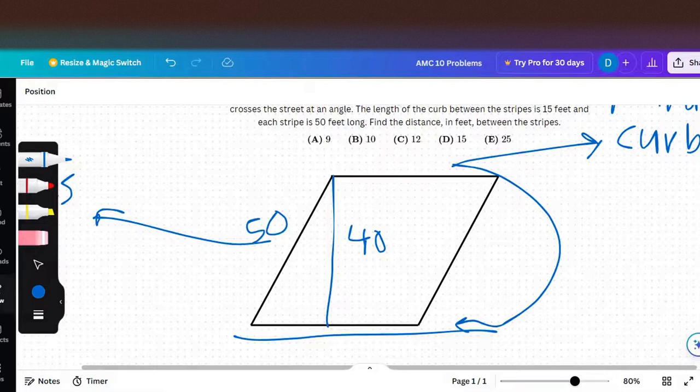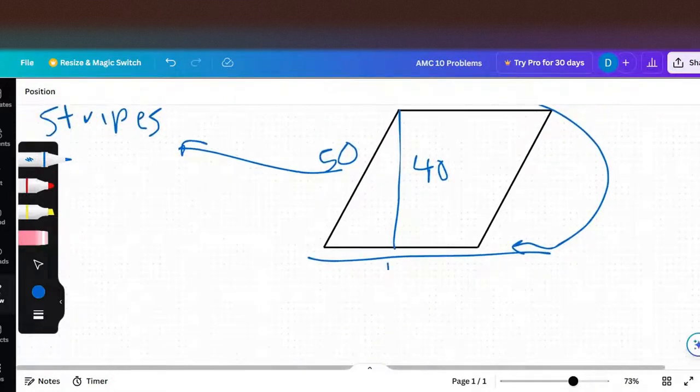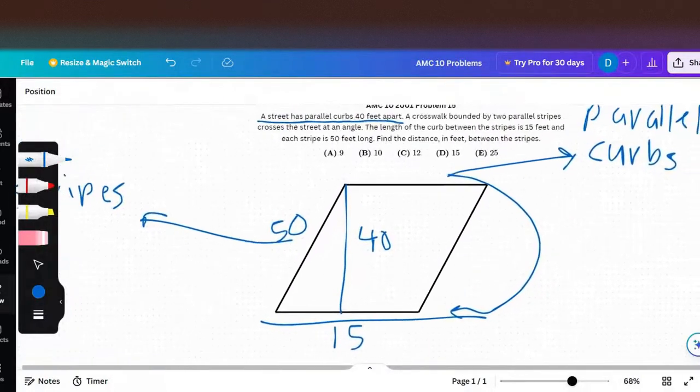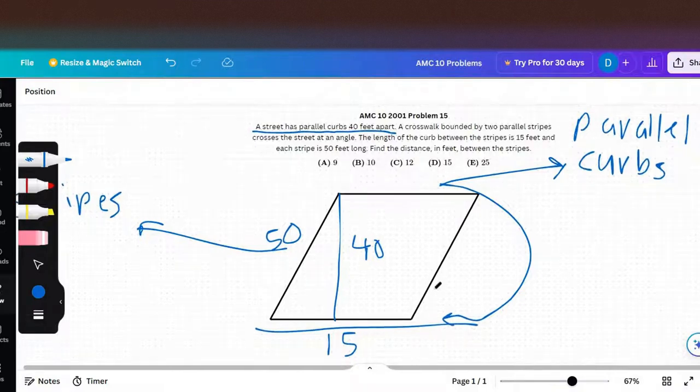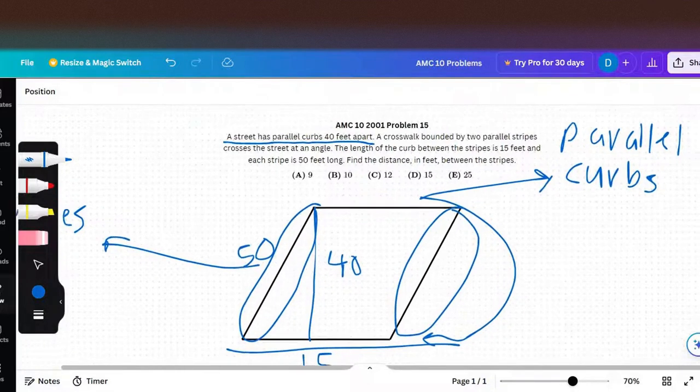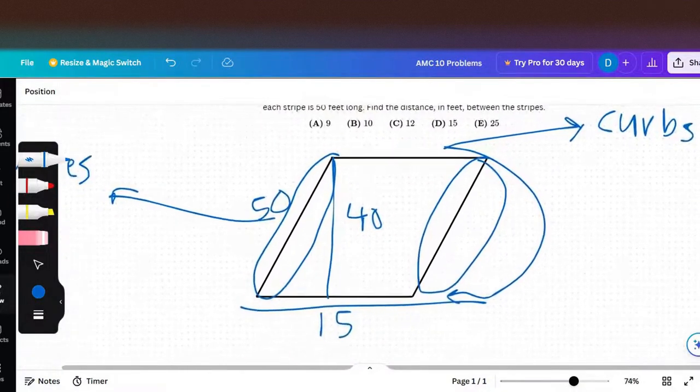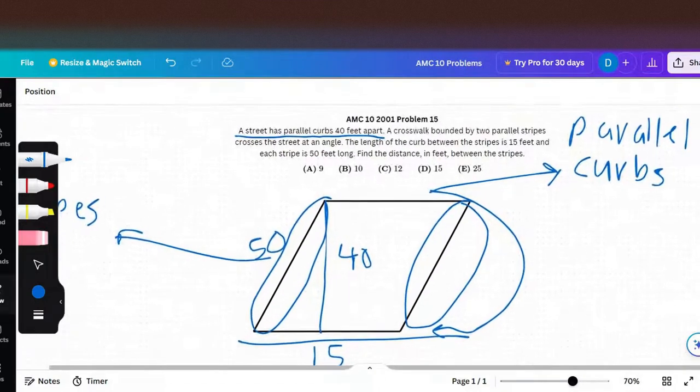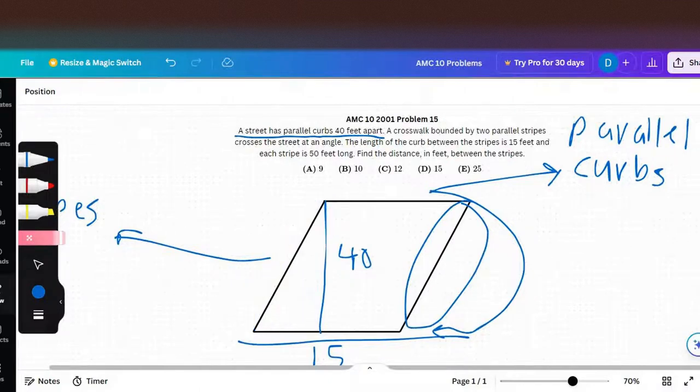So these are the two stripes, and the length between them along the curb is 15 feet, and each stripe is 50 feet long. We're just going to erase this, and so we have everything labeled.